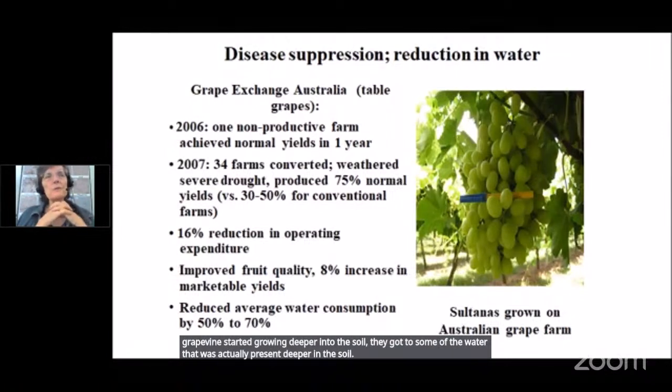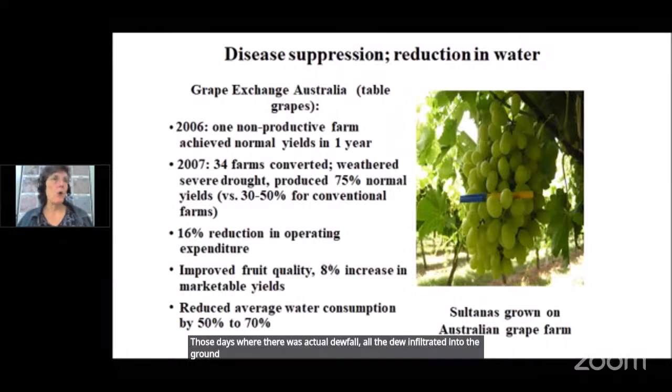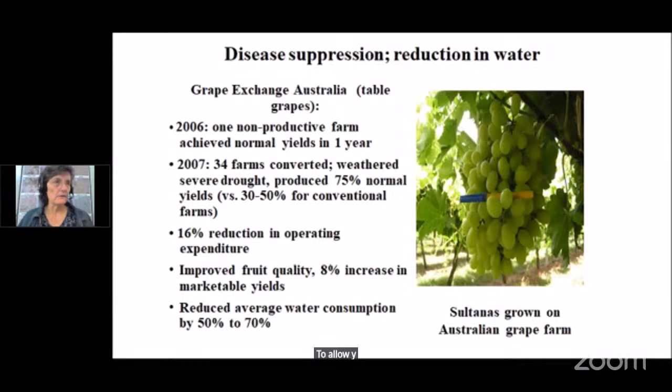And one of the things we noticed was that dew was very important. Those days where there was actual dew fall, all the dew infiltrated into the ground, and that was now water available for the plants to grow. And it was enough to allow normal yields in that first year, even though so much drought was causing everybody else's crops to fail.